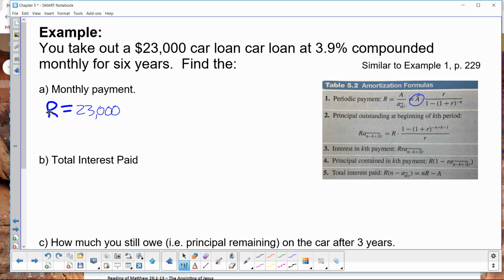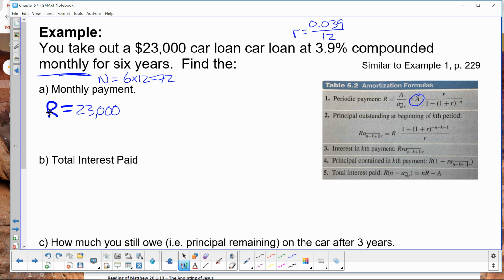Per month. Monthly for 6 years. How many periods am I going to have? 6 years is 6 times 12 is 72. That's my N. And so my R is going to be 0.039 divided by 12, whatever that comes to.